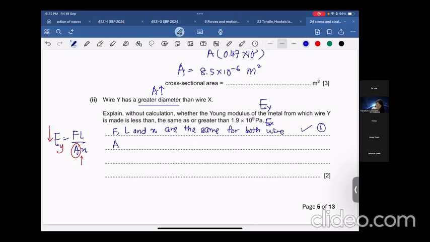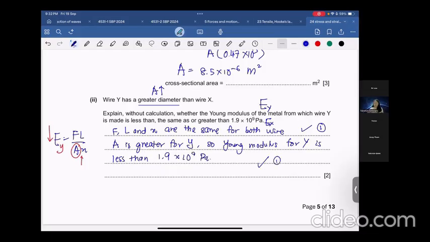Then the area is greater for Y. So the Young modulus for Y is less than 1.9 times 10 power of 9 Pascal. This is another 1 mark. So boys and girls, here they want you to tell us that the other variables are constant. Now your Young modulus is affected by area. Area is greater, so your Young modulus will be less than E. Any questions there?